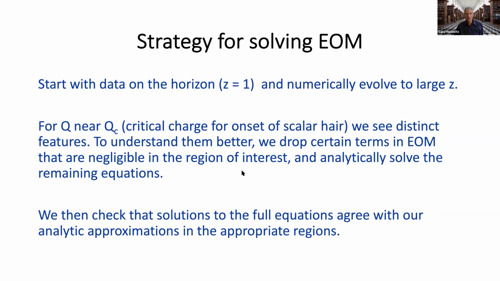This is just looking at the numerics. We say, okay, these terms are small, they don't seem to be playing a role. We drop them. We can then identify terms which seem to be the most important and solve those analytically. So we get analytic approximations for these regimes, and then we go back at the end and compare the full numerical evolution with these approximate solutions.